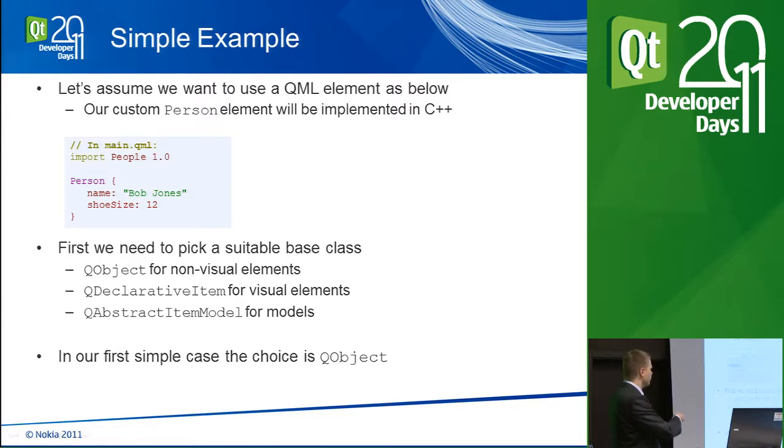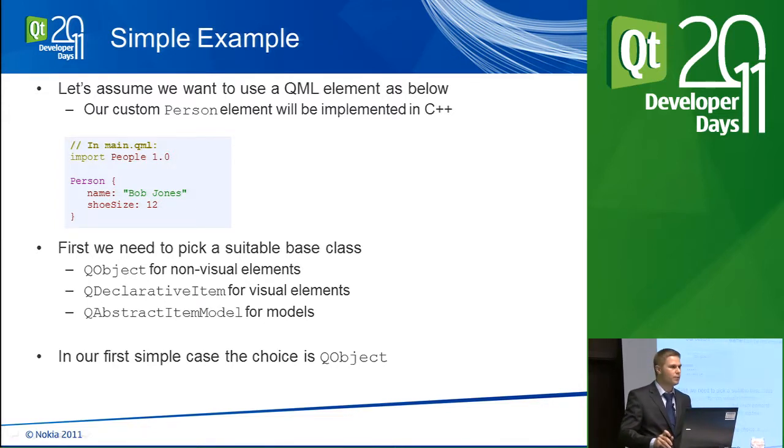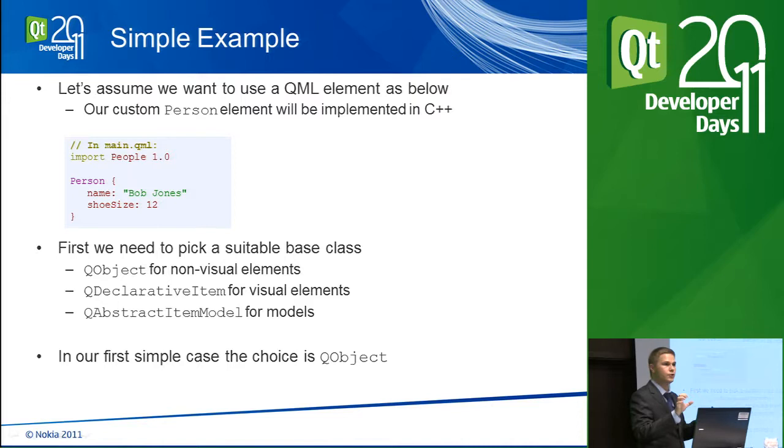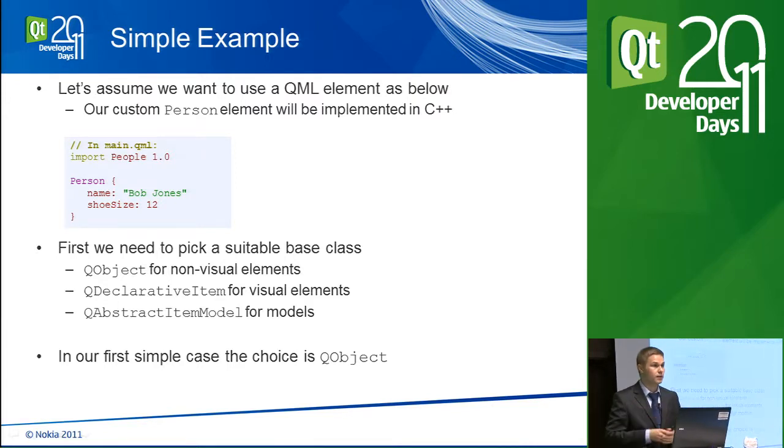So what we do is that we select a base class first. We have a number of choices in there. We can use QObject, which means that we would implement a non-visual item. We can take any QObject and just put it in the QML context, and it will be available in there, meaning that the QObject's slots are available as functions in QML, and its signals are available as signals in QML as well.